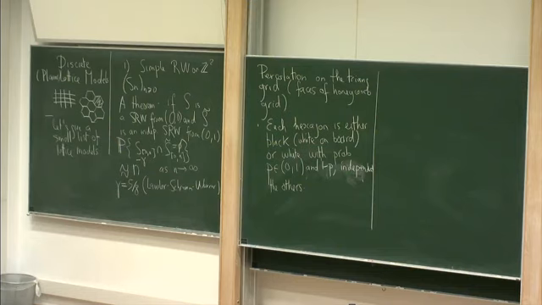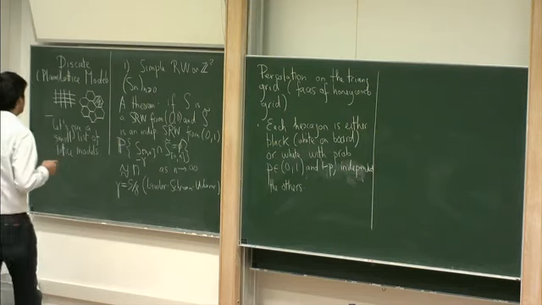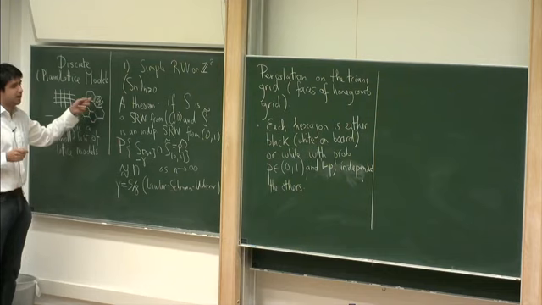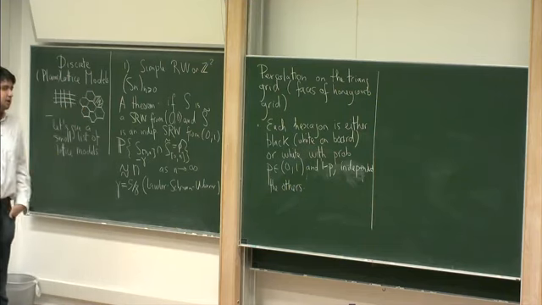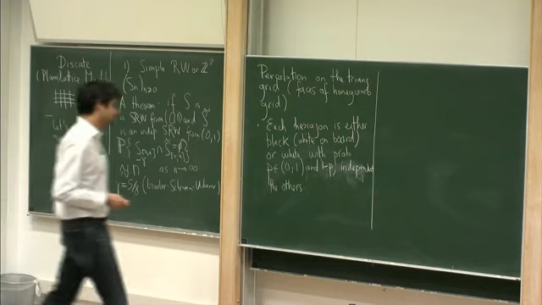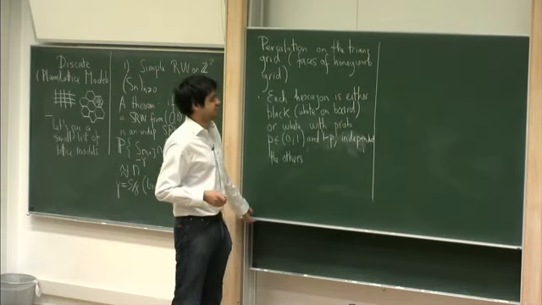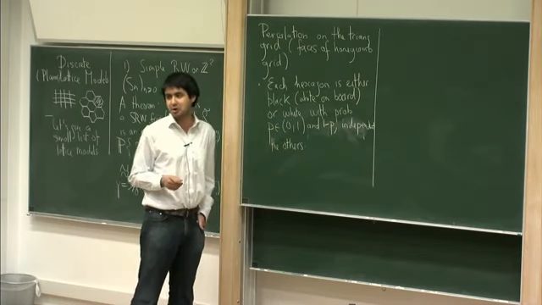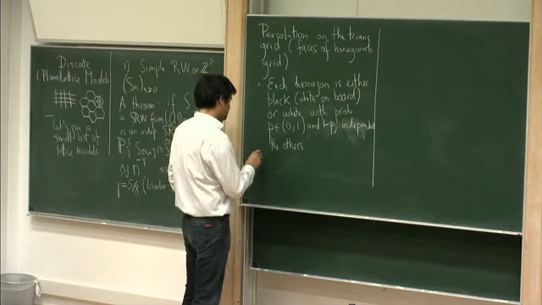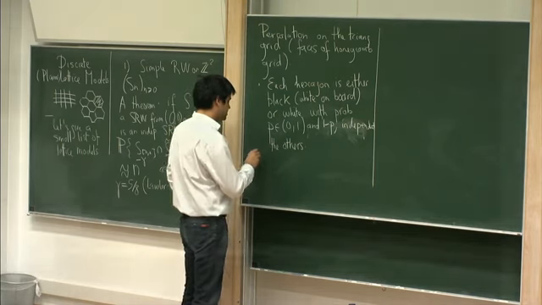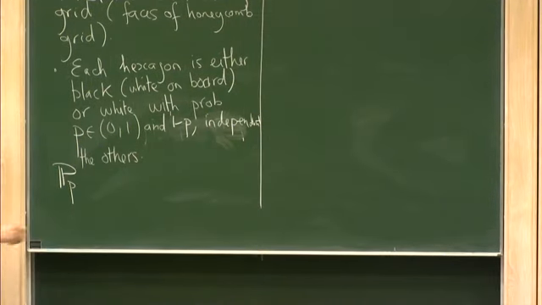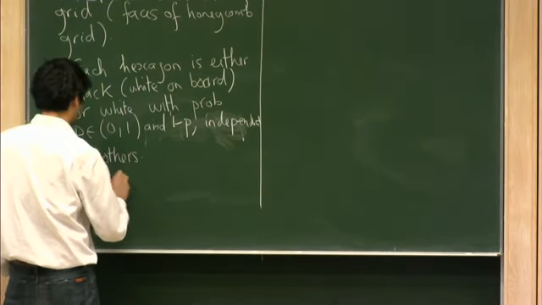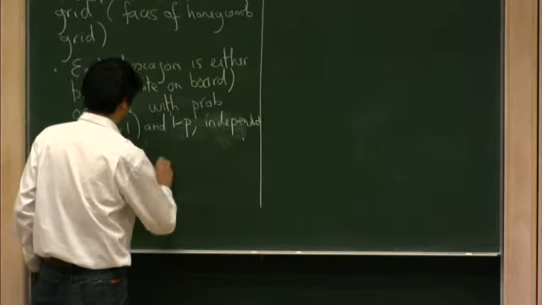Yeah. So okay, so here you have a random coloring of the plane. So for each hexagon, you toss a coin, and with probability p, you color it in black, and with probability 1 minus p, you color it in white. So what is an interesting fact we can say about this model? Well, first thing is that we can look at the question: what is the chance, given a value of p, that there exists an infinite black cluster?